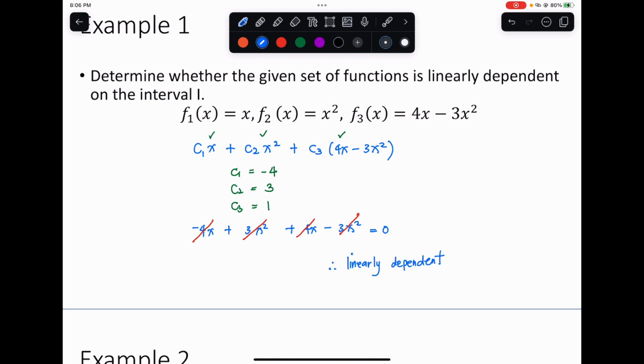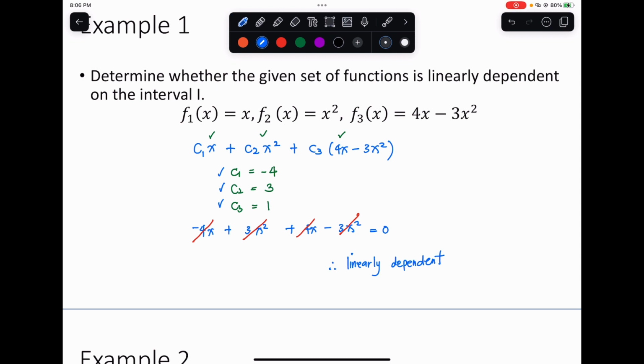They are linearly dependent because we were able to find C1, C2, and C3, all of them non-zero. So there is a combination of arbitrary constant values wherein all of them are not zero, and that makes it linearly dependent.